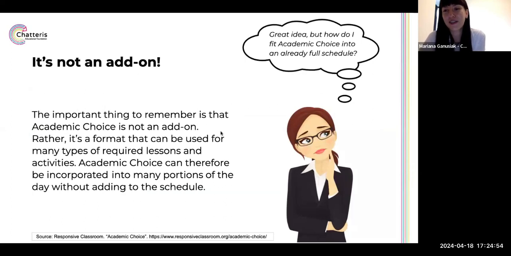When I share this strategy with teachers, very often they say, well, great idea, but I don't have time for that. I don't have time to plan all of these different activities. I don't have time in my lesson to incorporate all of these different activities. It's important to think about it this way: academic choice is not an add-on.